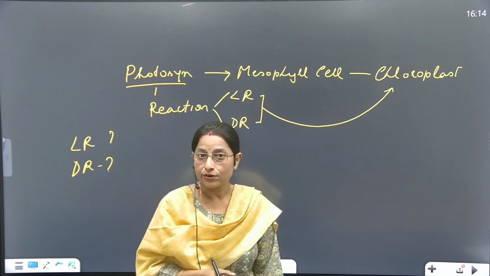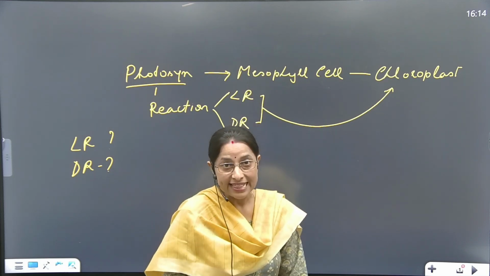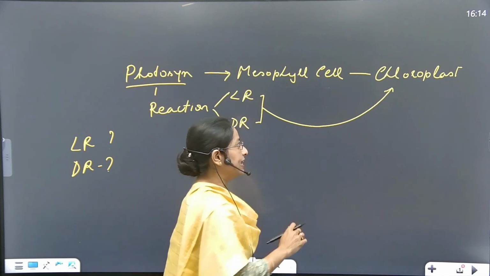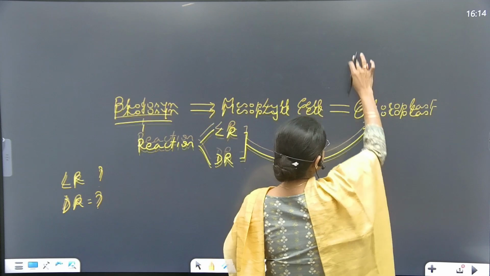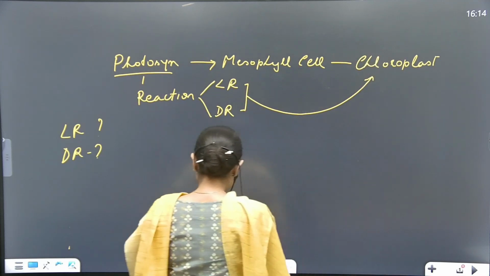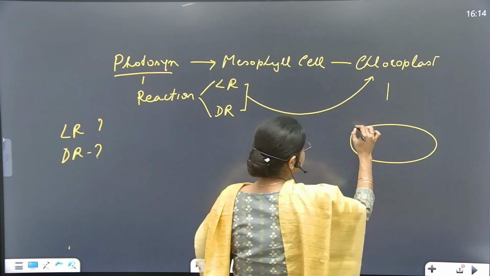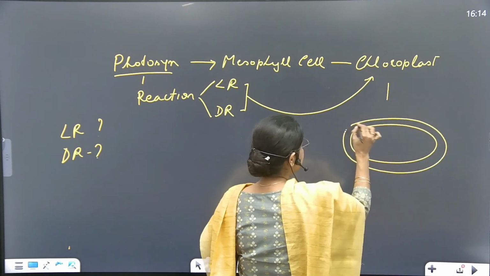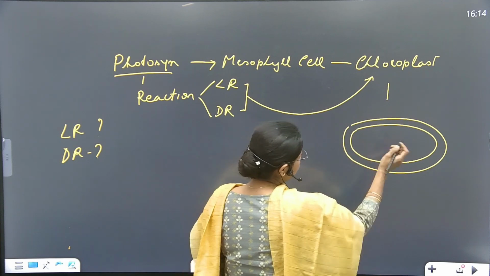the chloroplast also. Details about the chloroplast we'll be studying in the chapter Cell: The Unit of Life, but to have an idea we should know about the chloroplast. So what is the chloroplast? The chloroplast is nothing but a cell organelle, right? And how does it look? To have a rough diagram, it is something like this. It's a double membrane cell organelle with an outer membrane and an inner membrane, right?